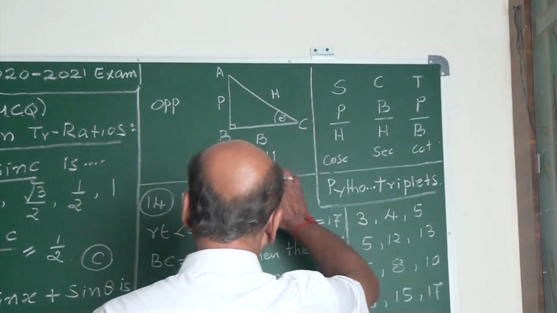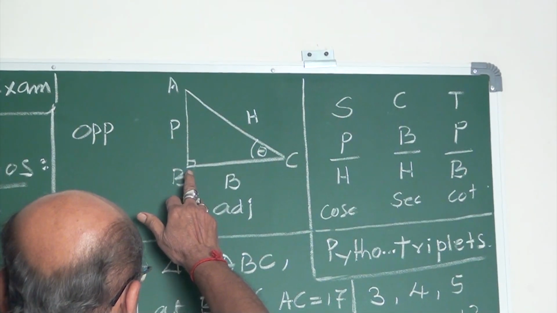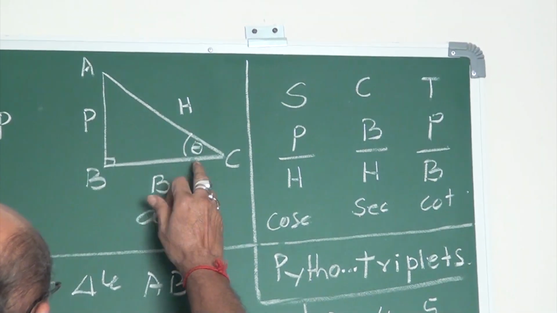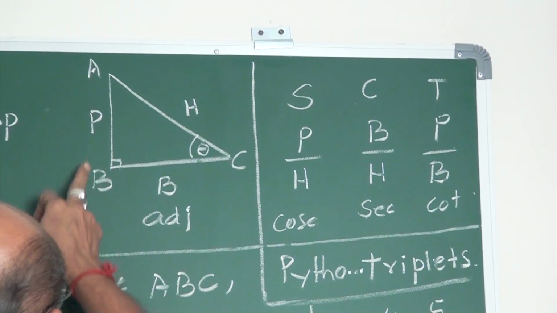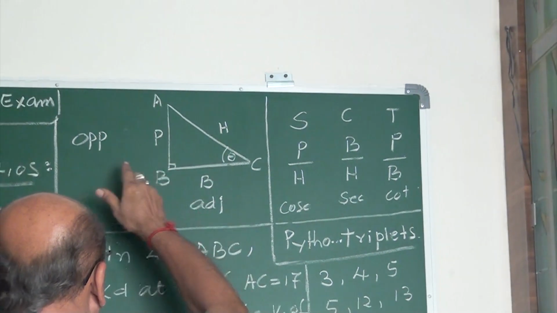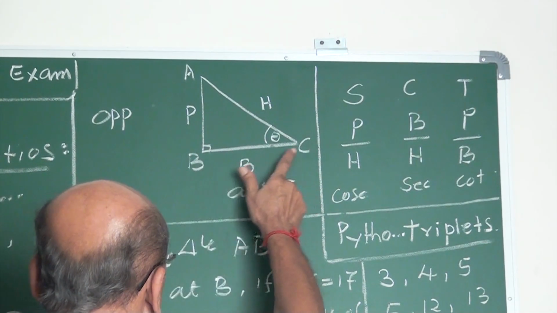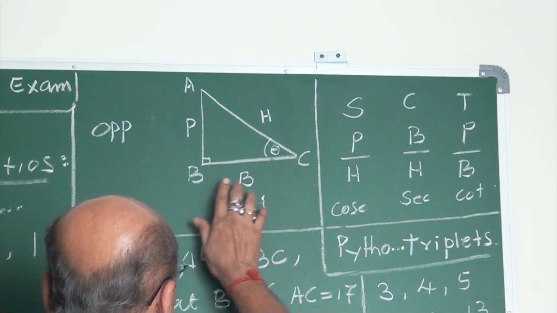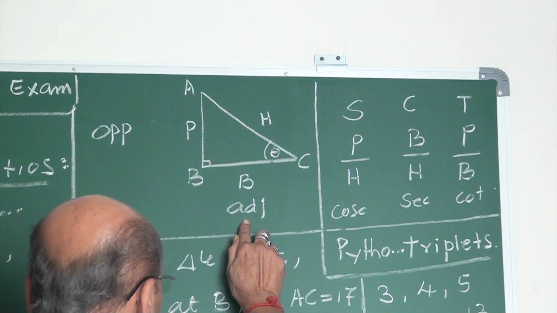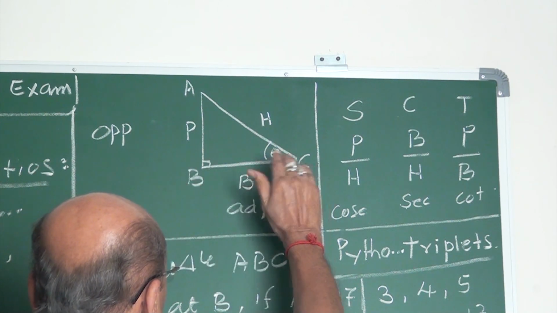This is the basic. A right angled triangle, 90 degrees. I have taken angle theta, the reference angle. With respect to theta, AB is the opposite side. Anyway, we have drawn it perpendicular. It is the opposite side, otherwise perpendicular. What is BC? Adjacent to theta, it is attached with theta. The name of BC is adjacent side. Another name, base side.